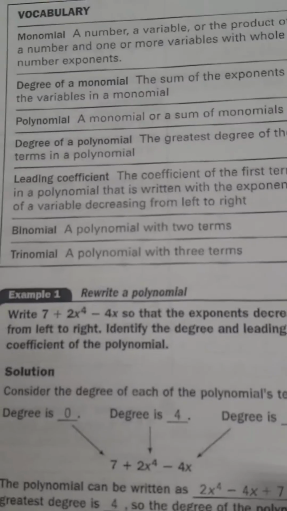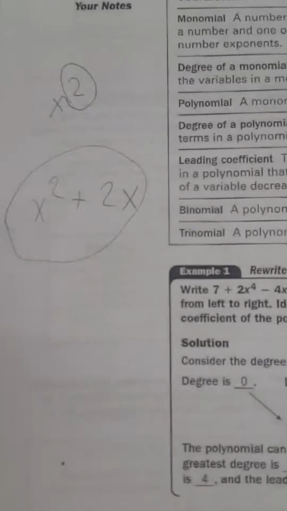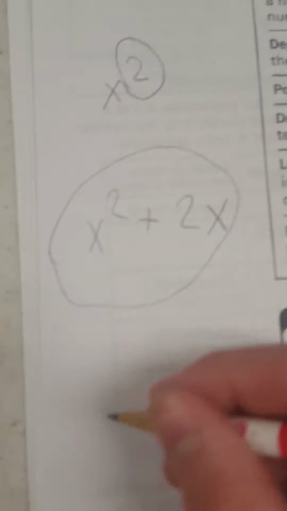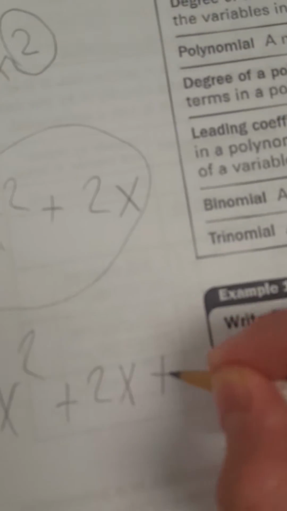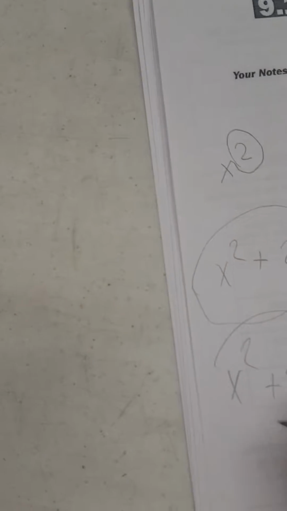Binomial, a polynomial with 2 terms. So this would be a binomial. Trinomial, a polynomial with 3 terms. So x squared plus 2x plus 2x squared. That is an example of a trinomial.